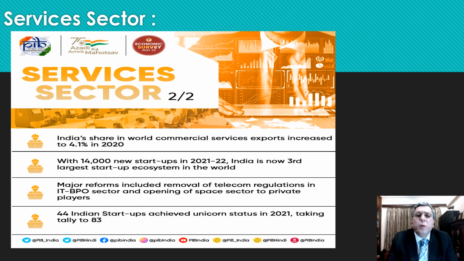Major reforms included removal of telecom regulations in the IT and business process outsourcing sector and opening of the space sector to private players. So India becomes one of the few countries in the world which will have a very strong space sector also populated by strong private players. 44 Indian startups achieved unicorn status in 2021, taking the total to 83 unicorns, which means a valuation of more than $1 billion.